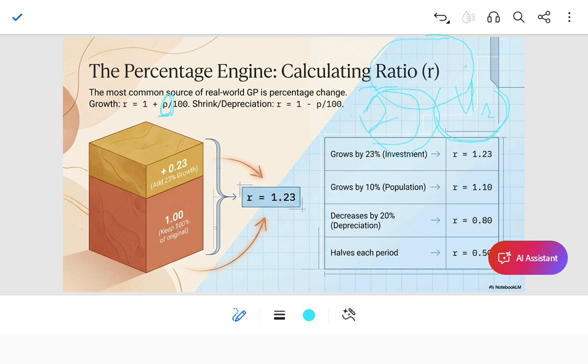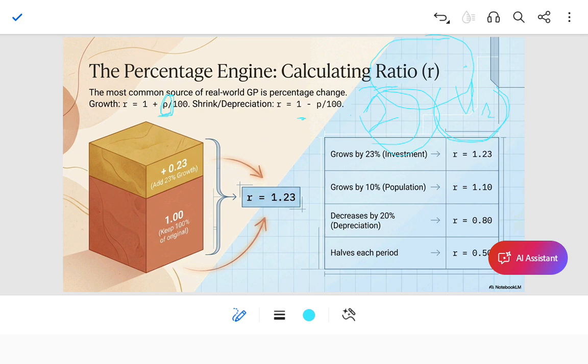But here we are given percentage change, and the one here is representing the first term. So the first term is 100%. We are assuming that before you increase anything, it is 100%.